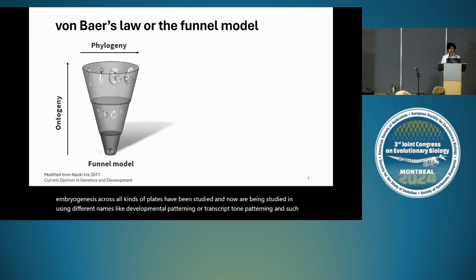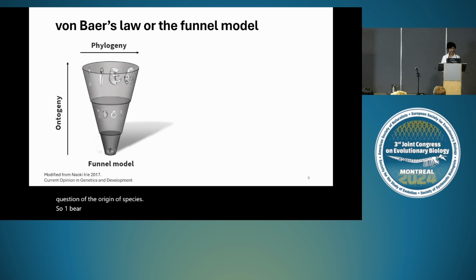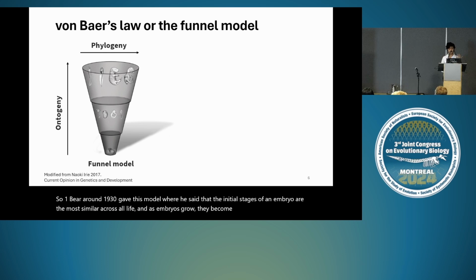But the question of how organisms form and become new organisms is older than the question of the origin of species. So von Baer, around 1930, gave this model where he said that the initial stages of an embryo are the most similar across all life. And as embryos grow, they become increasingly diverged.